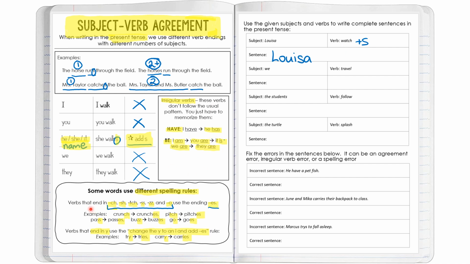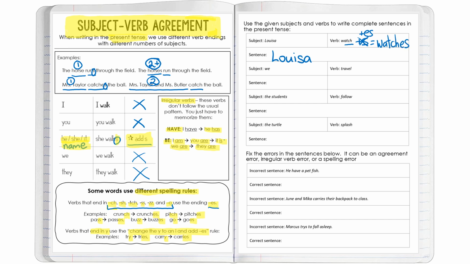So I'm going to look at my spelling rules. I can see that watch ends in that TCH. Since watch ends in TCH, I'm going to underline that. I know that I'm not just going to add an S. I'm going to add an ES, so I can even fix that. So instead of just plus S, I'm going to add ES. That leaves me with watches.